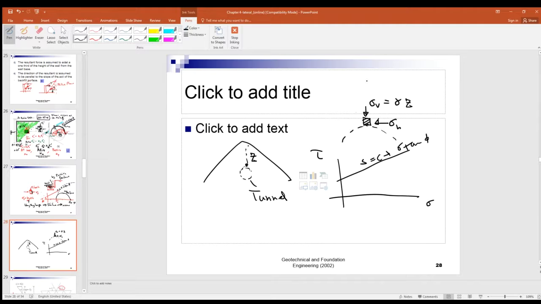Now, for this plane, shear stress equals 0, and you get this point here, sigma V, 0.